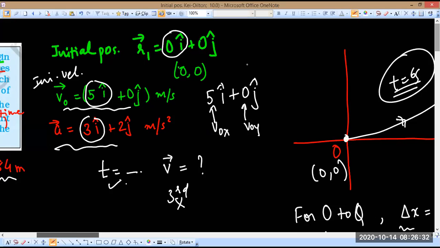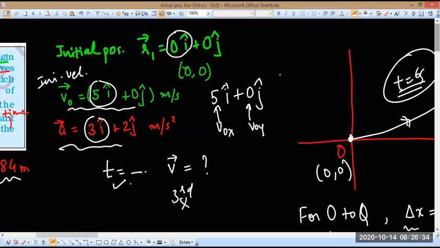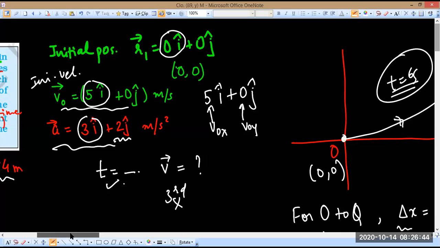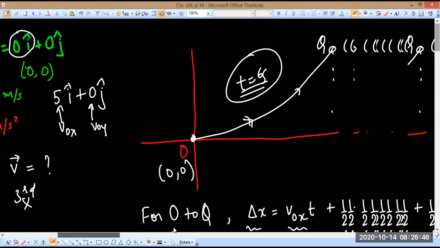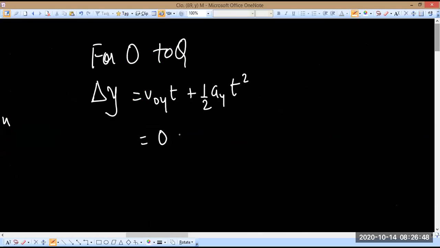What's V0y? 0. Very good. It is 0, right? And ay is 2. So let's put values here. Clear? So that's it. We have got delta y is 36 meters.